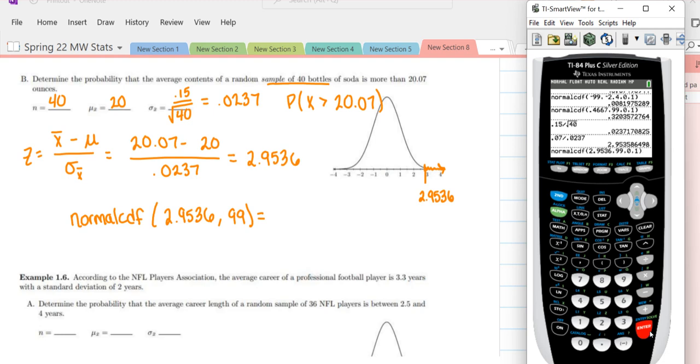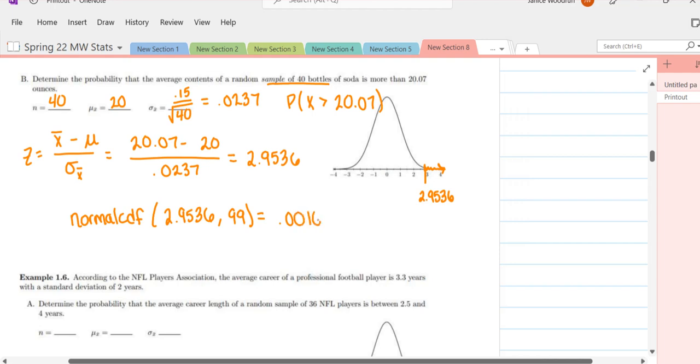If it's going to the left, you do negative 99. If it's going to the right, you do positive 99. So then this would be a probability of 0.0016. Okay, and that's this area right here. That's what that means.